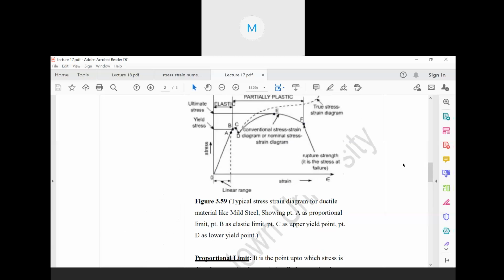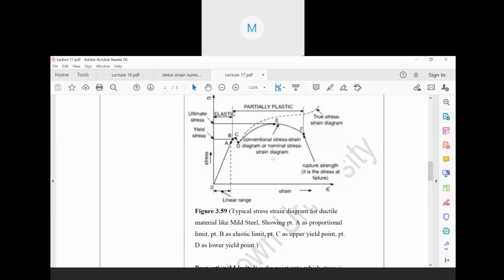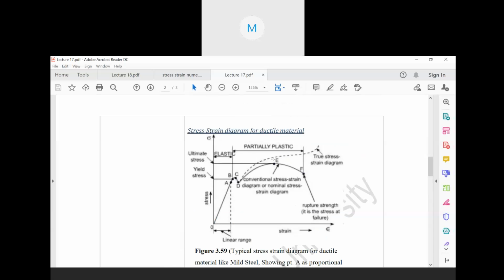Though this is the elastic part, it is elastic only up to point A in terms of proportionality.